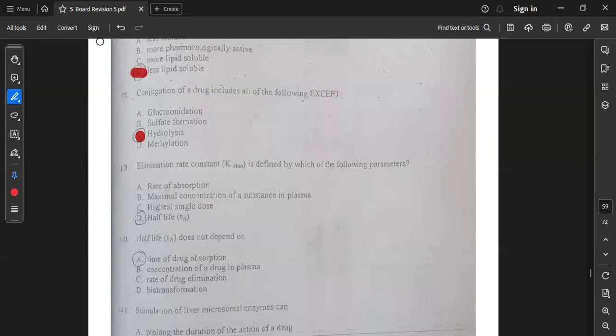For methylation, the enzyme is methyltransferase, and the donor is S-adenosylmethionine. For sulfate formation, we have 3' phosphoadenosine 5' phosphosulfate, and the enzyme is sulfotransferase. Felicia, please repeat the donor and enzyme for sulfate formation.